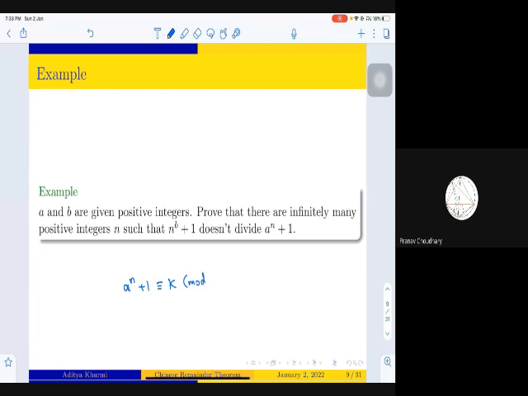Yeah, that's a good idea. So if you have this, then n raised to b plus 1 wouldn't divide this.